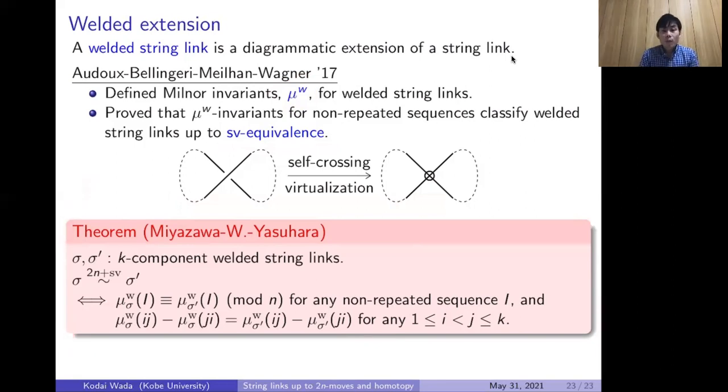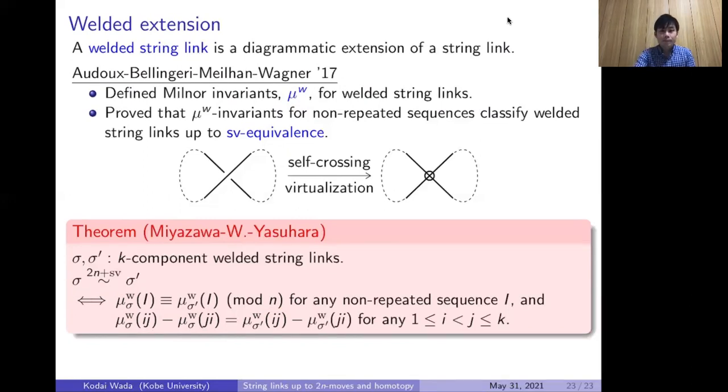Two k-component virtual string links, sigma and sigma prime, are 2n plus SV equivalent if and only if their mu w invariants are congruent modulo n for any non-repeated sequence I, and sigma and sigma prime have the same difference mu w (ij) minus mu w (ji) for any i and j.